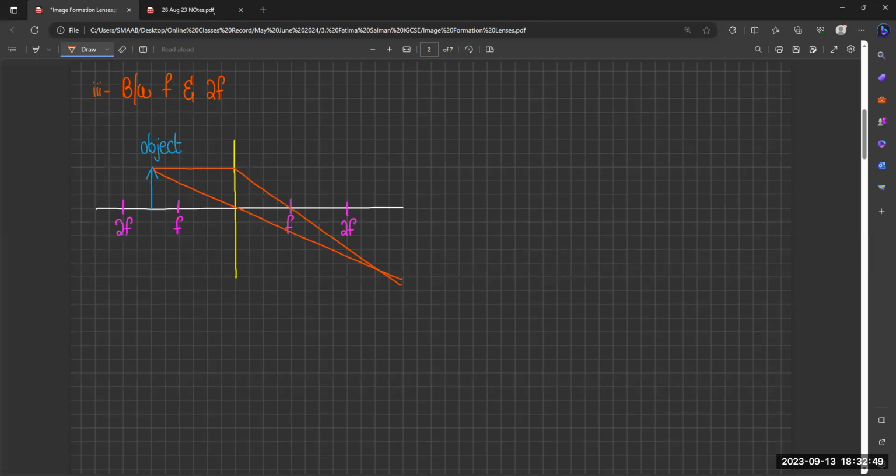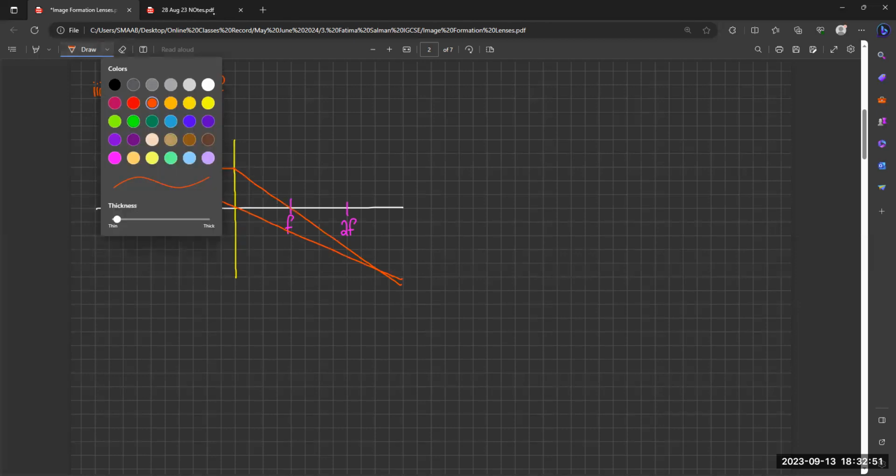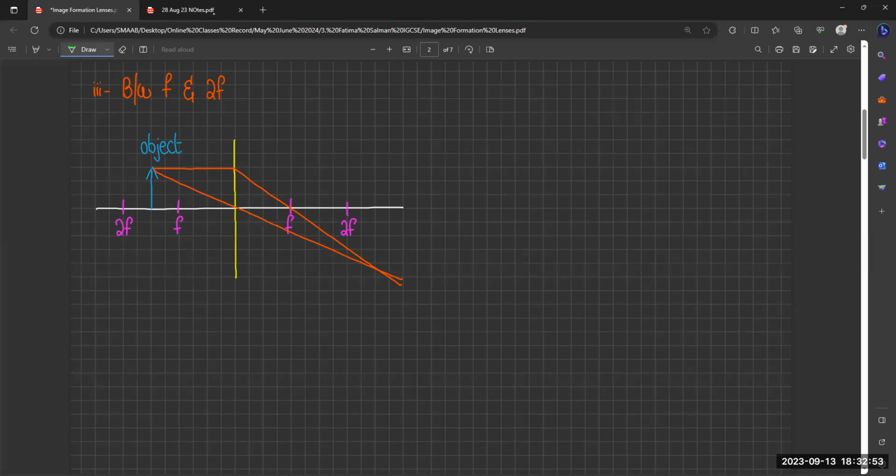Okay. And now you can see that your line is intersecting at a point. This is your image, right?